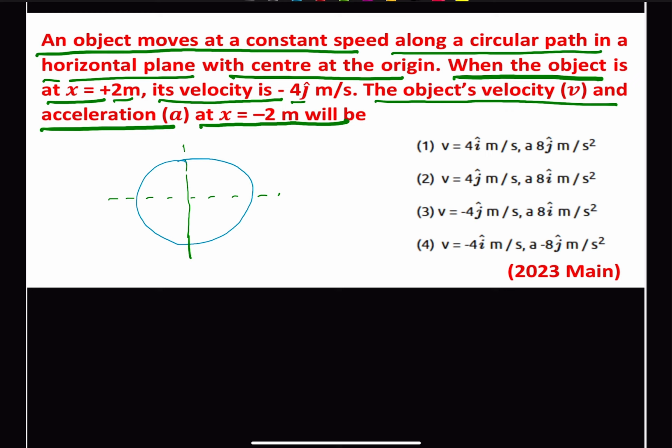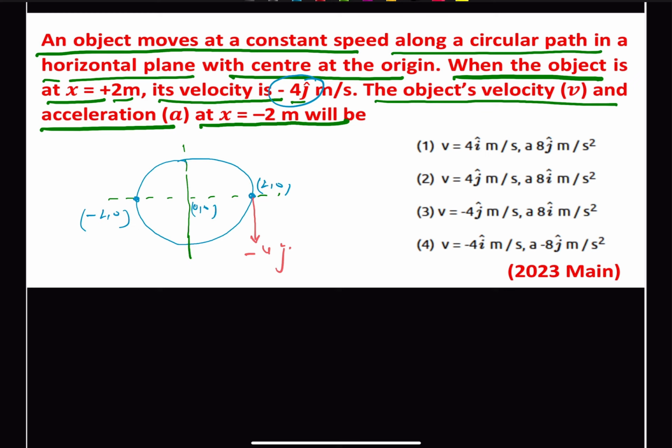So this is our origin, and at x is equal to 2 meter. So let us suppose this is our 2 meter. So this will be 2 comma 0, and the other coordinate is minus 2 comma 0. And the velocity is given as minus 4 j unit vector. So its velocity will be in downward direction, that is our minus 4 j unit vector.